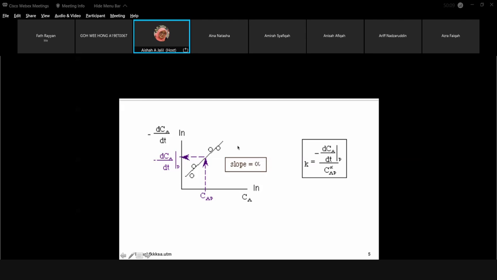Then you can get the straight line, the dCA dt you got from the histogram and the previous graph. Then you plot another graph to get the alpha and k. Do you understand? This is an important method when they want you to use the graph.